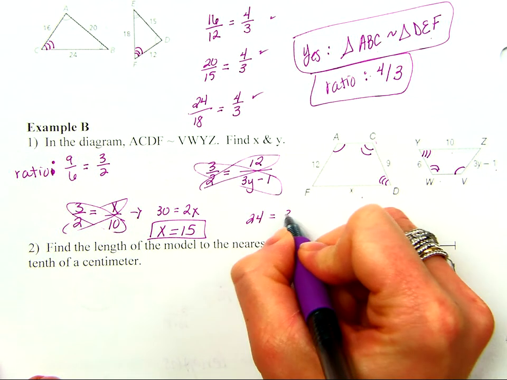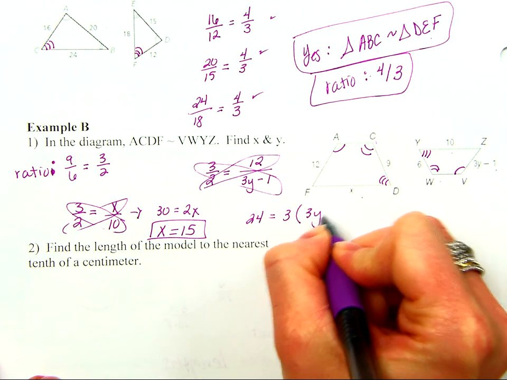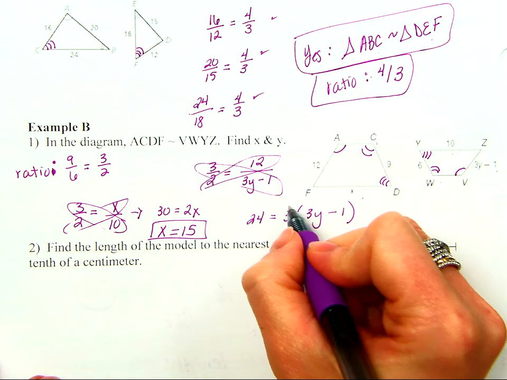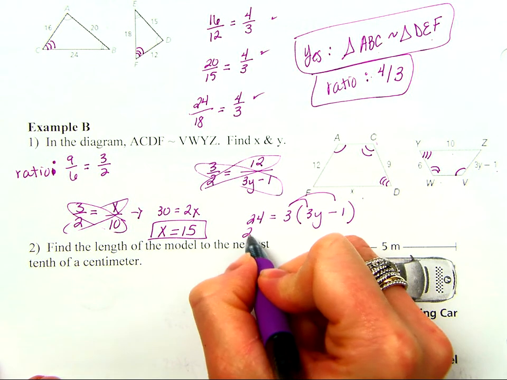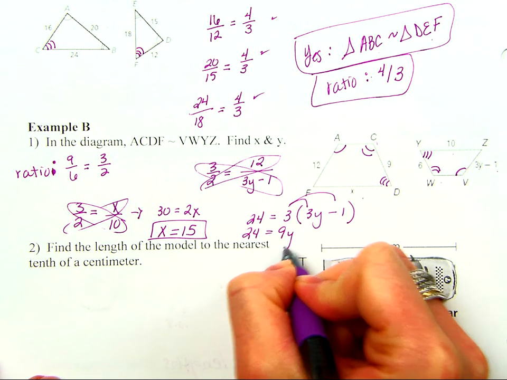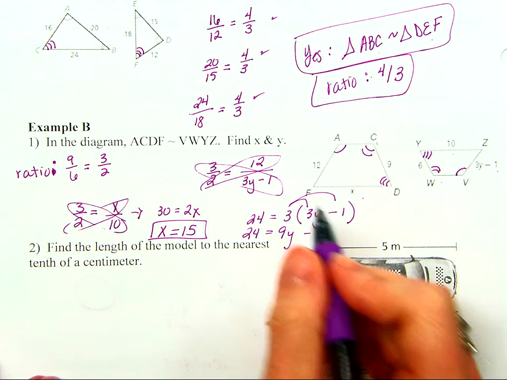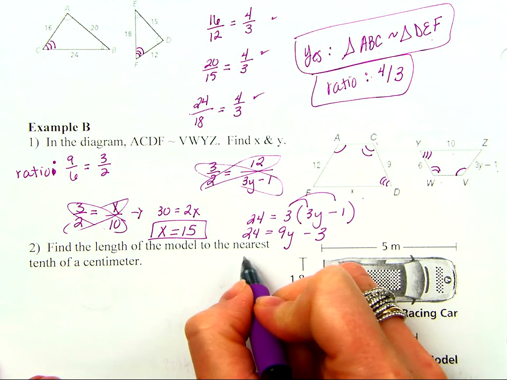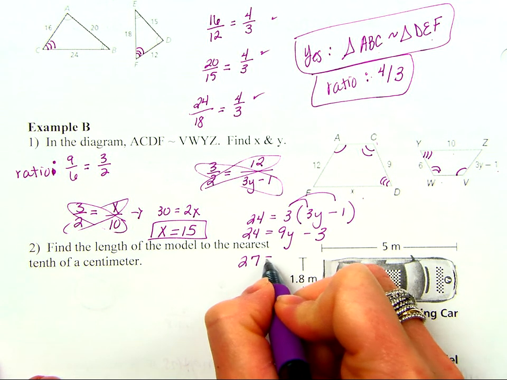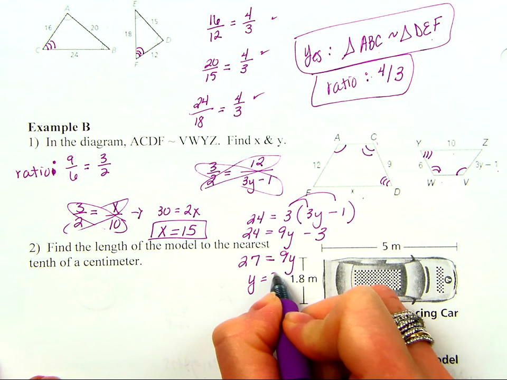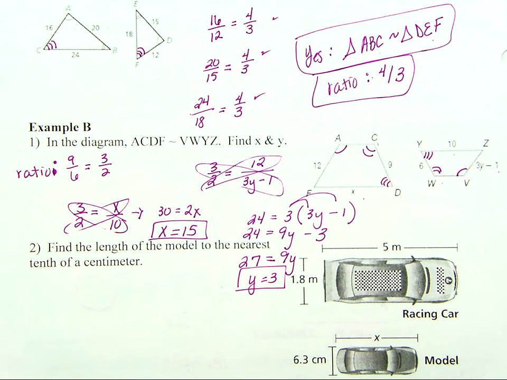This is going to be 3 times the quantity, 3y minus 1. And so this is going to require me to do some distributing. And then I can go ahead and solve for y. Add 3 to both sides. Divide, and we find out y is 3.